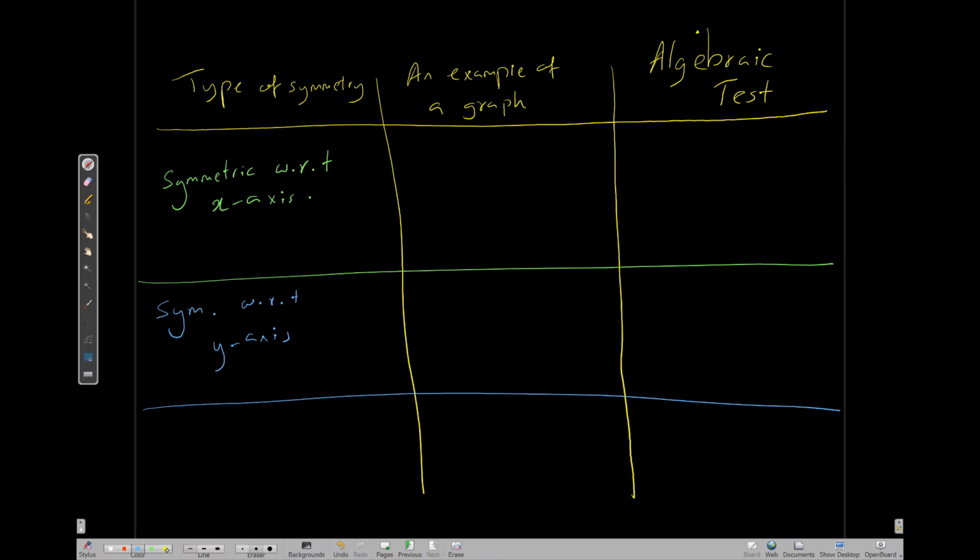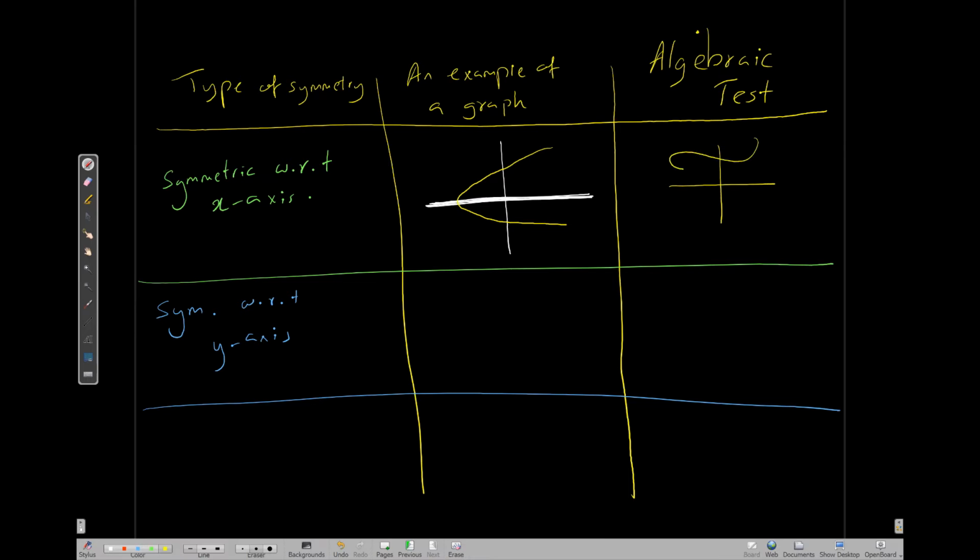Now if I draw my y-axis and x-axis like this, and symmetric with respect to x, so your x-axis, this guy is now behaving like a mirror. So we are talking about a graph like this, right? Or it can be basically any shape. You know what, let me show you some graphs over here.